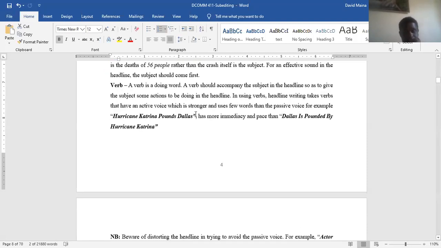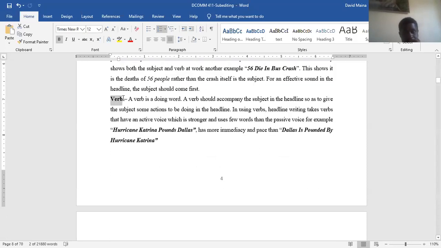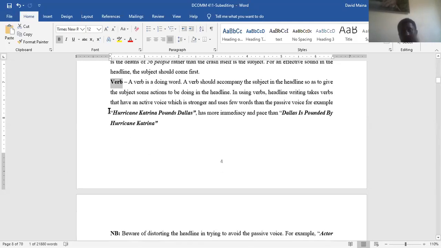So we also have the verb. Verb is a doing word or a word that shows an action. So ensure that also you select your verb, a very strong verb, not just a verb. You have been given an example there, like for example, Hurricane Katrina pounds Dallas.